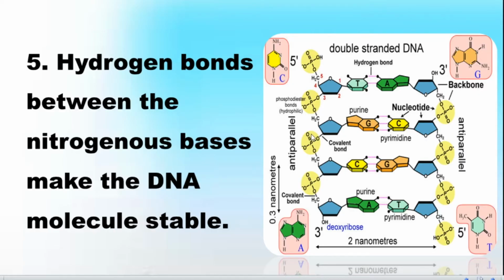Hydrogen bonds between the nitrogenous bases make the DNA molecule stable. Because of the hydrogen bonds, the nitrogenous bases make the DNA stable. Because they are joined together, they are not able to move and pair with something else.